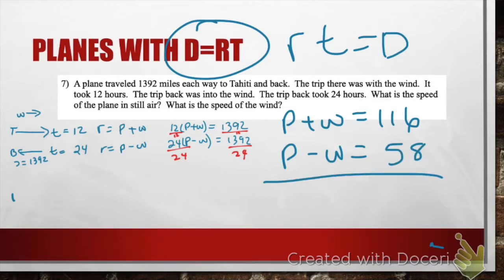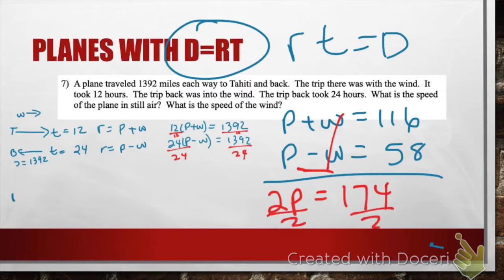These will cancel, and we'll have 2P equals, add those together, 58 plus 116 is 174, dividing by 2, P is 87. We're not finished.